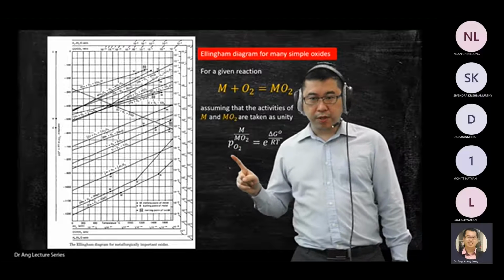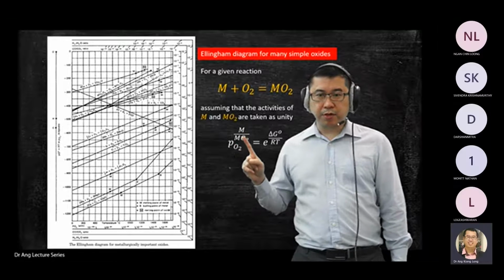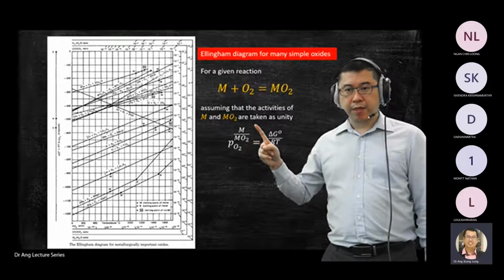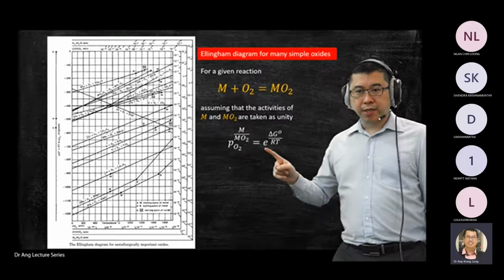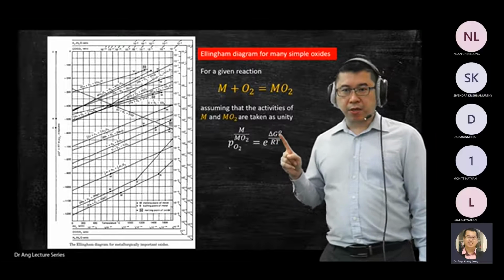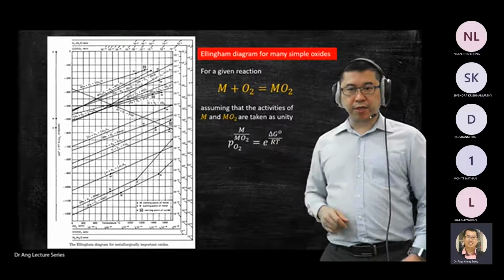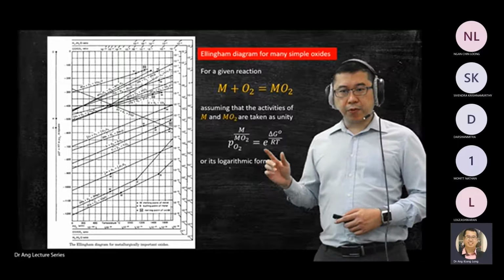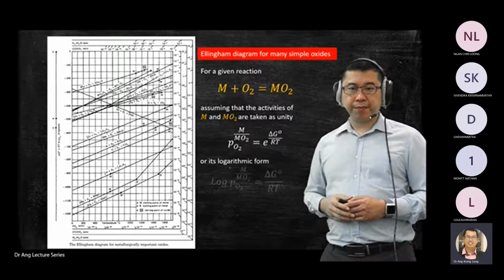PO2 means oxygen, and you take the metals divided by metal oxide. It's an exponential component equal to e power delta G divided by RT. And you can put it in the logarithmic form, right?